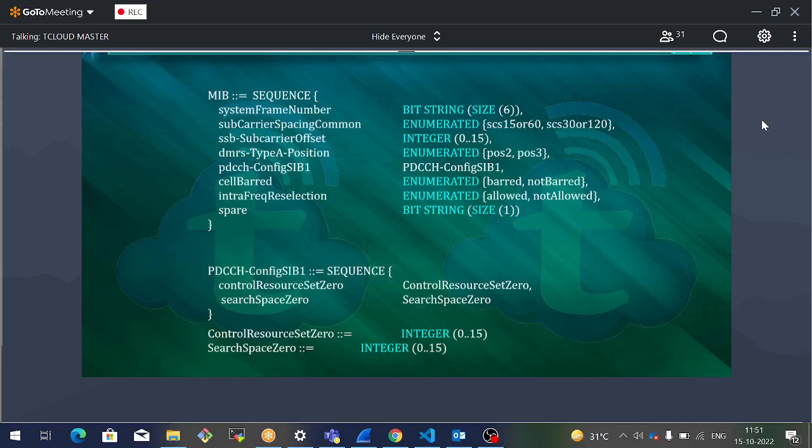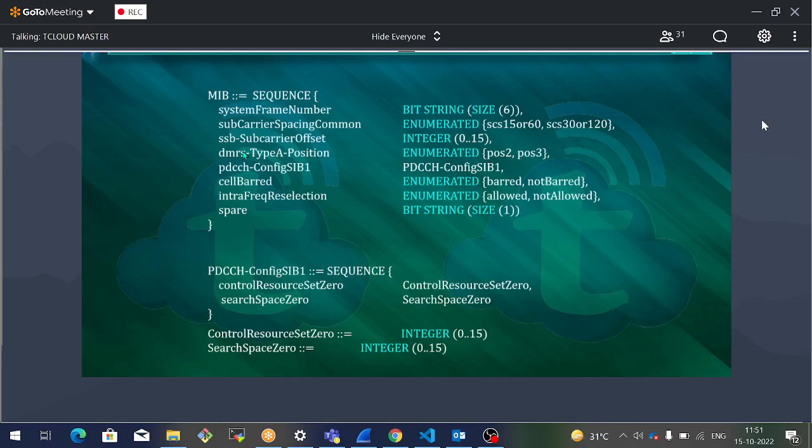The remaining part you will get here, the SSB subcarrier offset value ranging from 0 to 15. By combining these two things, the mobile will get to understand KSSB. What is it required for, where it is, what is KSSB, I'll tell you. But half the part is arriving in the payload generation bits, and the other half is arriving in the MIB.